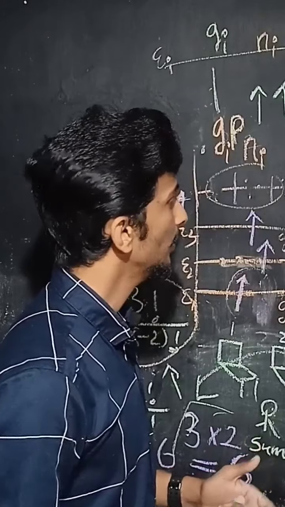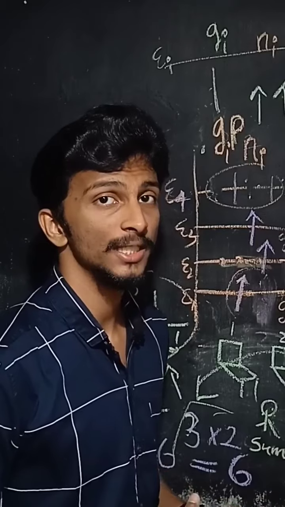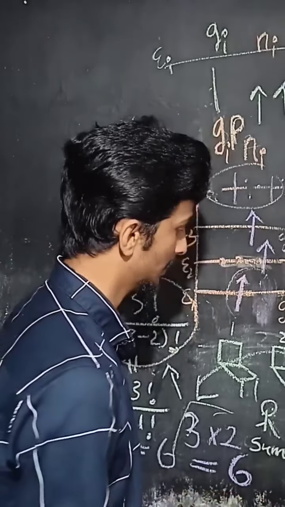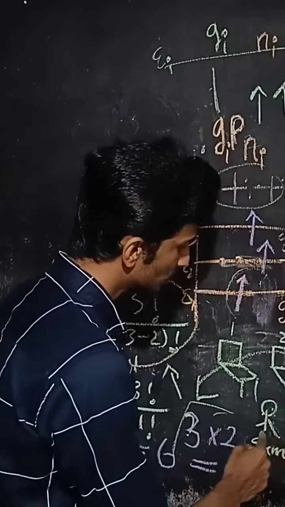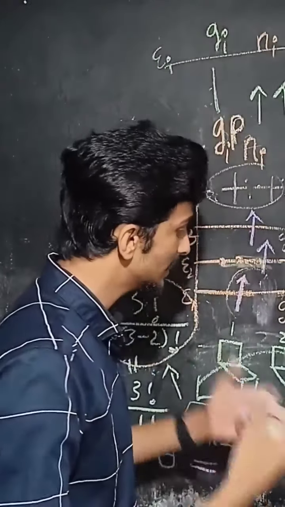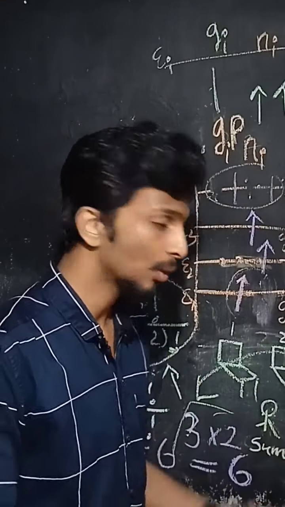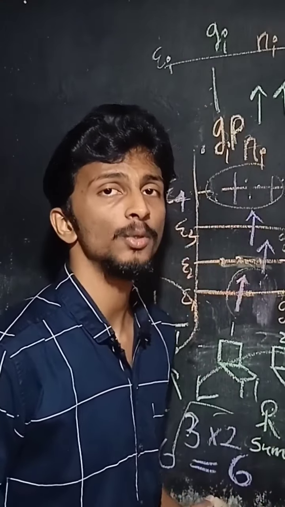So the main point is that fermions are identical. We can't distinguish them into Sumesh and Ramesh. Here Sumesh and Ramesh are 2 different persons, and we can distinguish them because their properties and characters are all different. But fermions are identical.